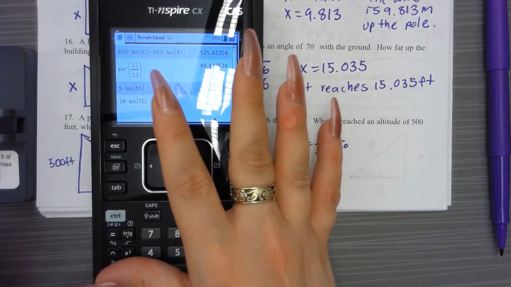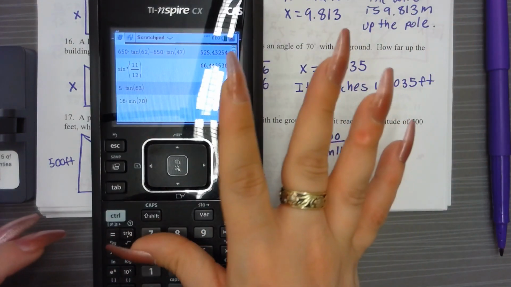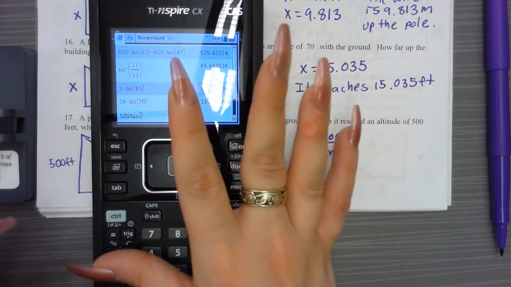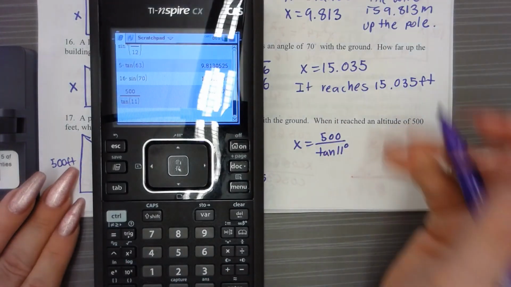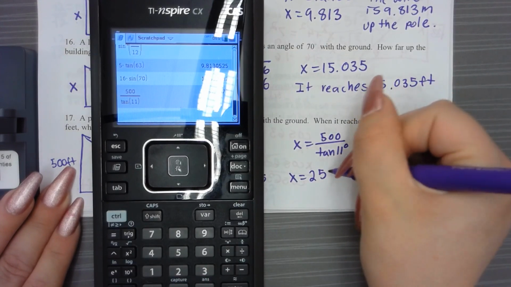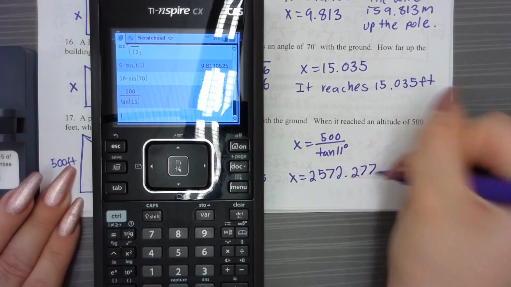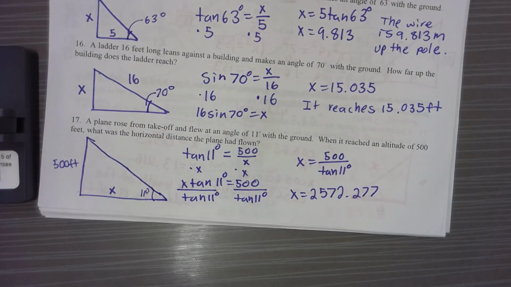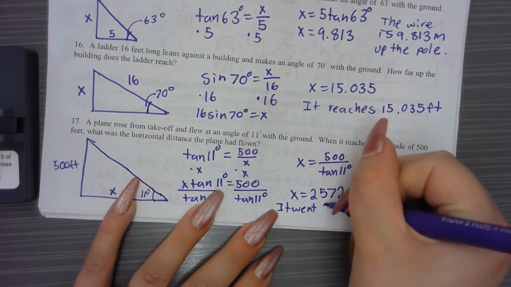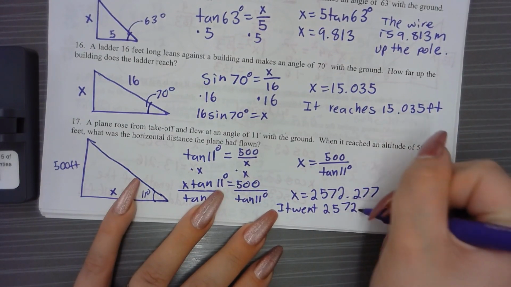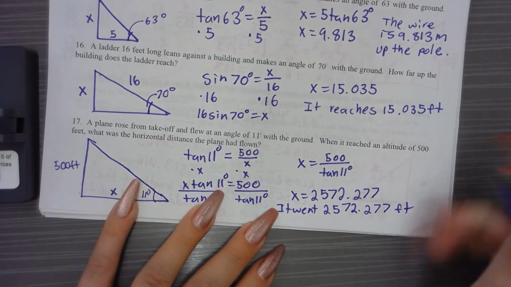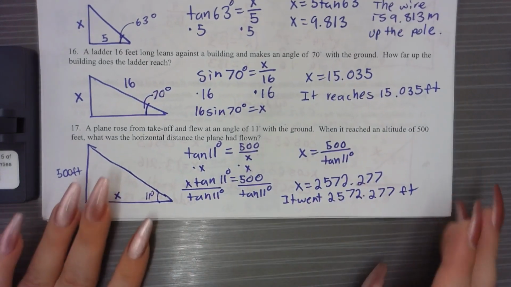So we'd say 500 divided by the tangent of 11 degrees. And so we would get that it went 2,572.277. So it went 2,572.277 feet. Because again, we're talking in feet, so we want to make sure our units are consistent.